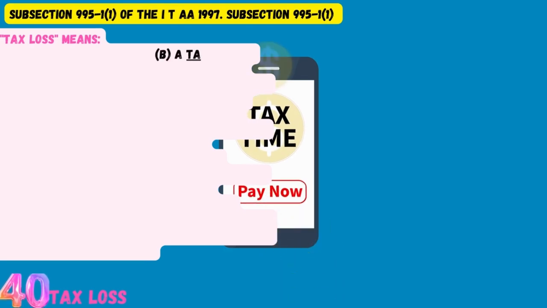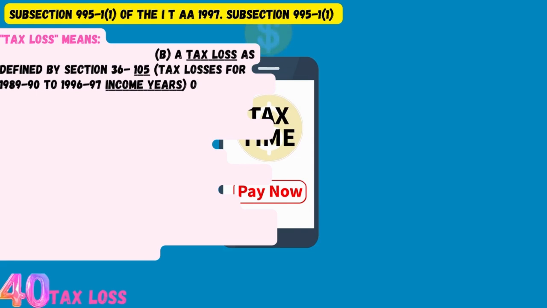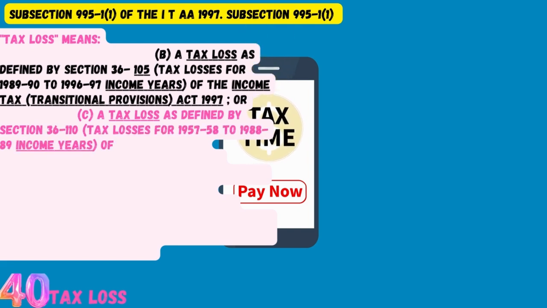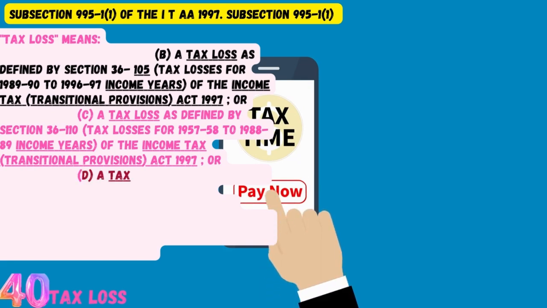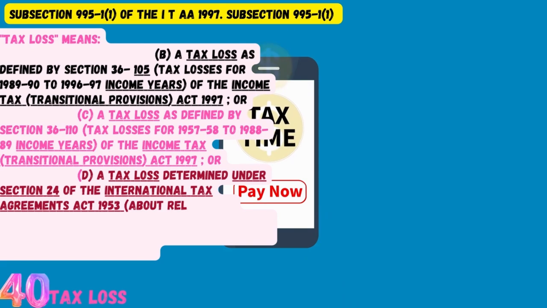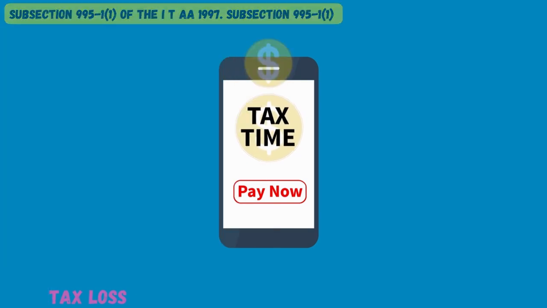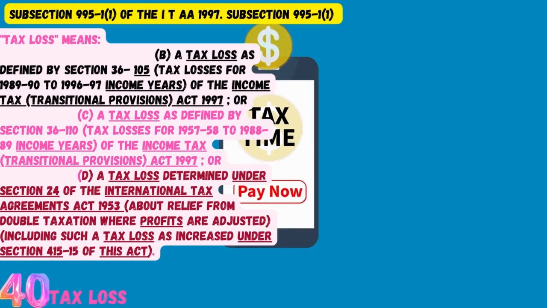B. A tax loss as defined by section 36-105, tax losses for 1989-90 to 1996-97 income years of the Income Tax Transitional Provisions Act 1997, or C. A tax loss as defined by Section 36-110, tax losses for 1957-58 to 1988-89 income years of the Income Tax Transitional Provisions Act 1997, or D. A tax loss determined under Section 24 of the International Tax Agreements Act 1953, about relief from double taxation where profits are adjusted, including such a tax loss as increased under Section 415-15 of this Act.